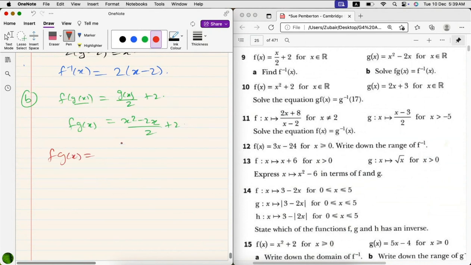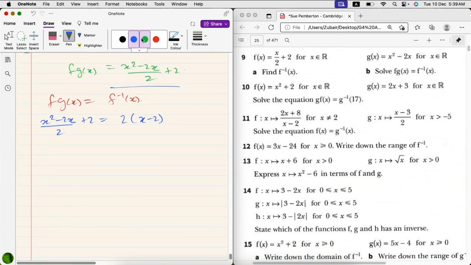Now this could be substituted. fg of x is equal to f inverse x. We copy paste the simplified forms. (x square minus 2x) over 2 plus 2 is equal to 2 into (x minus 2).